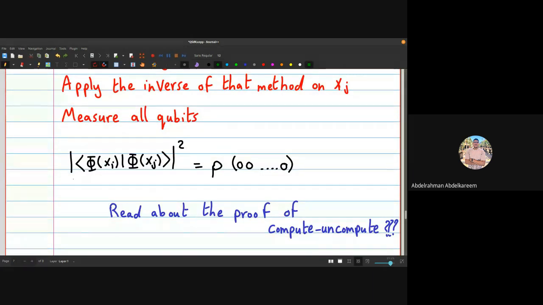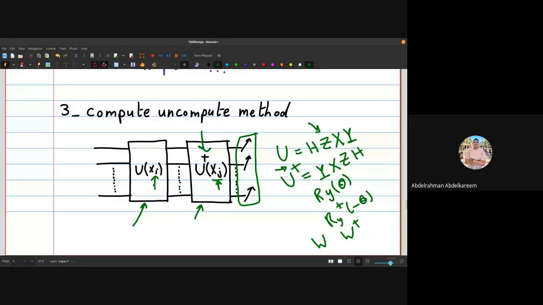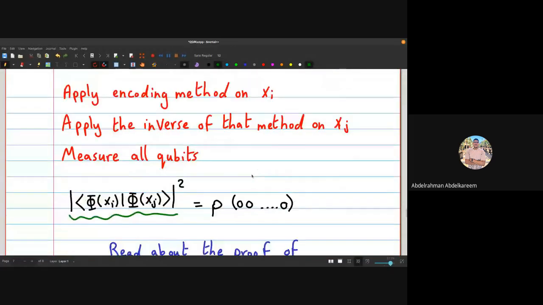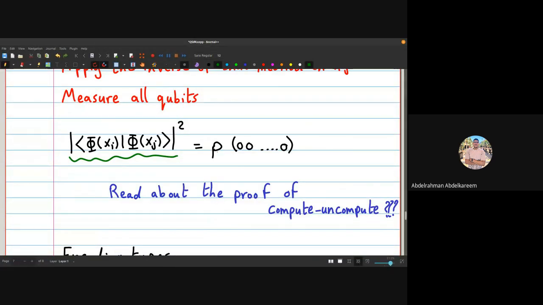To get the inner product between these two encoded data points, it will equal the probability of it being all zeros. So let's say I have run this circuit for 100 shots. I will calculate the probability of it being all zeros.